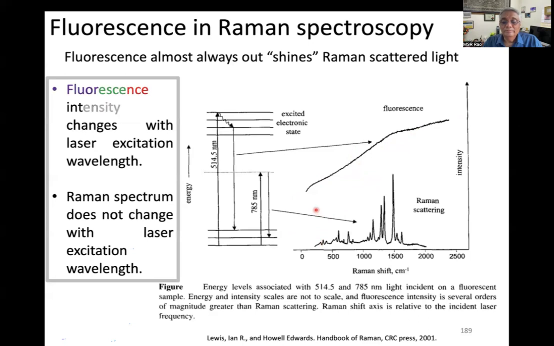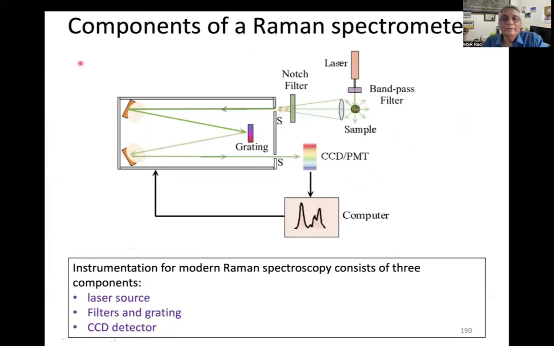Another schematic shows more clearly how a laser beam goes through a bunch of filters, and then this is your monochromator to select the right wavelength. I can use a white light source and a monochromator to select a particular wavelength, and of course, when I'm using a laser, it has a single wavelength.